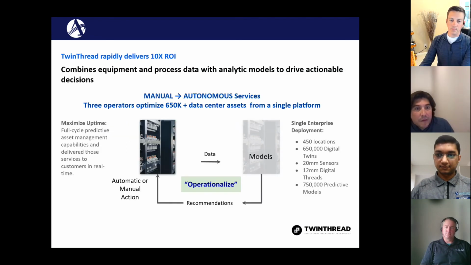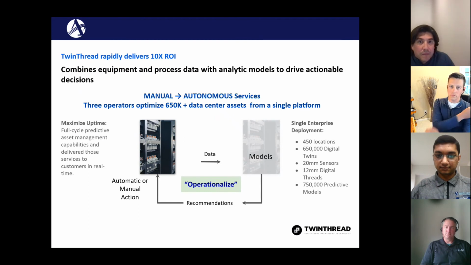That's excellent. So this is an example of a customer that we're currently working with, where we've delivered a virtual center of operations for them. So TwinThread's complete platform that has all of the AI-driven applications built into it really delivers exceptional ROI. And it's because we can scale, it's because we can operationalize.